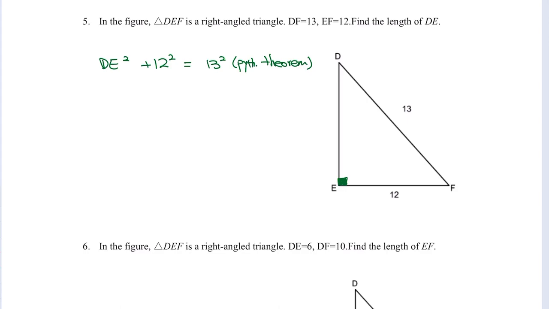So what we do is put all the numbers on one side first, right? If I want to put this positive 12 squared on the other side, I will be minusing it. So on this side only DE square is left.